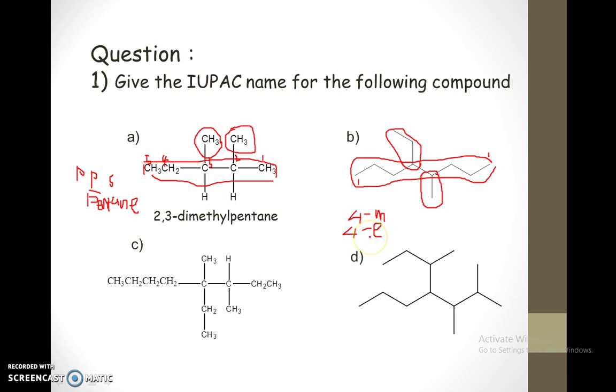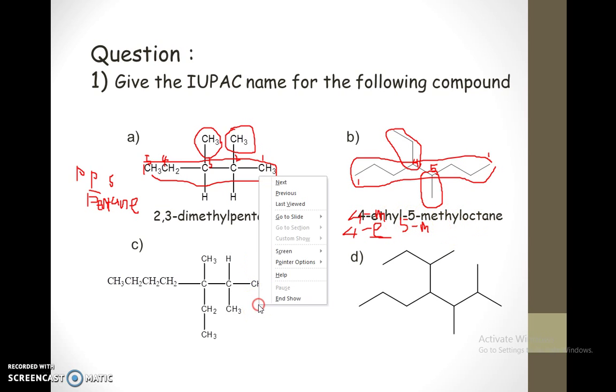So the correct answer is 4 ethyl. So 1 2 3 4, 5 6 7 8. So 4 ethyl, 5 methyl, octane. Okay, 4 ethyl, 5 methyl, octane.